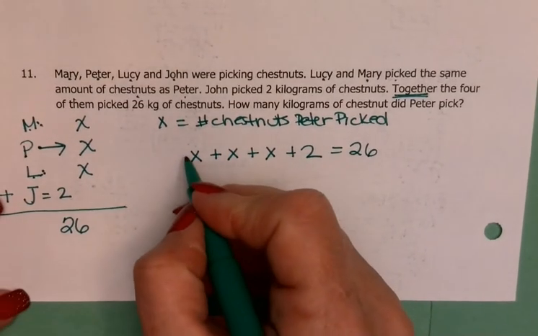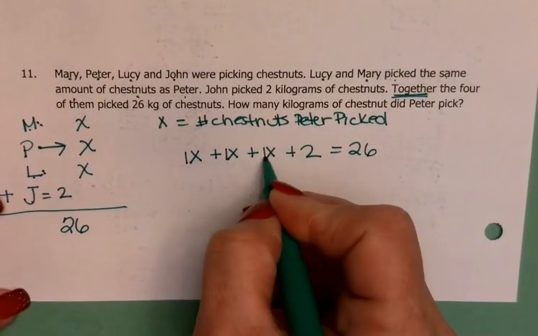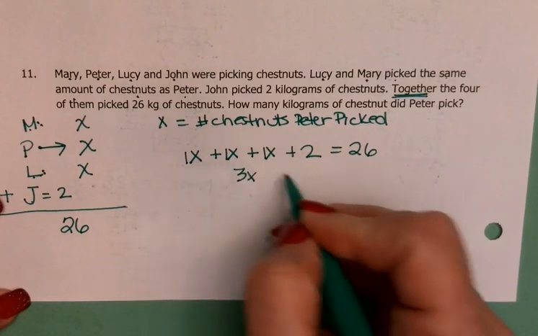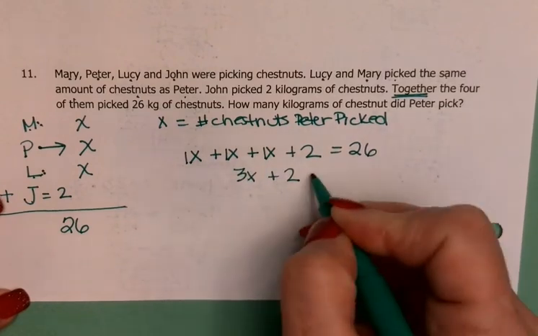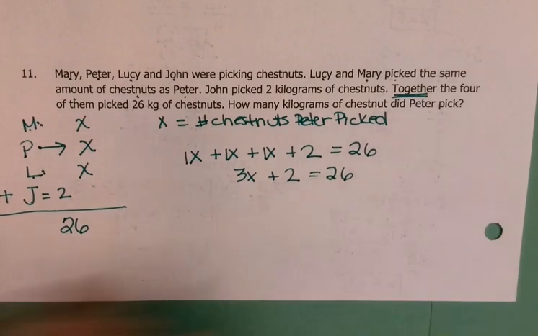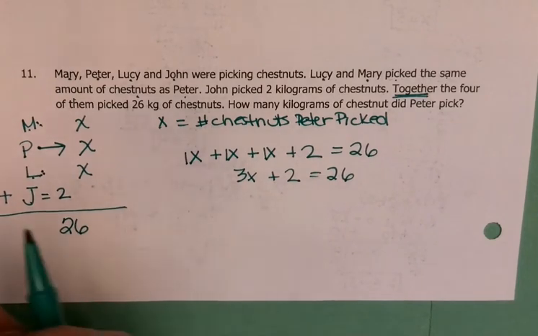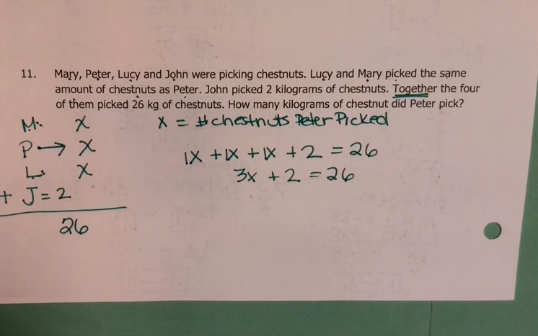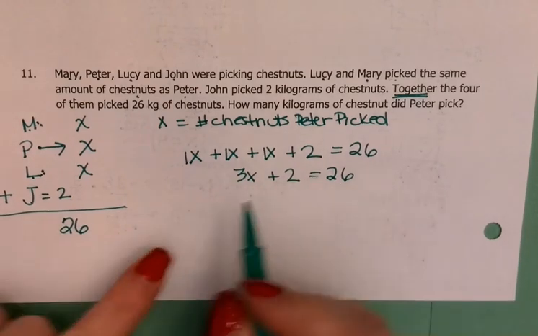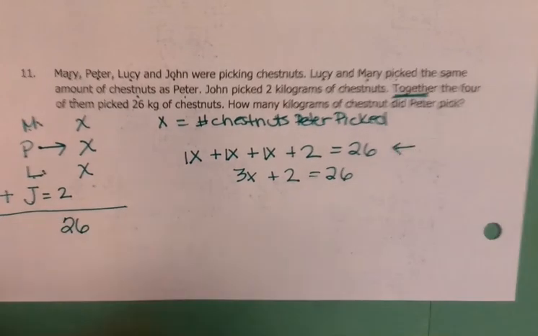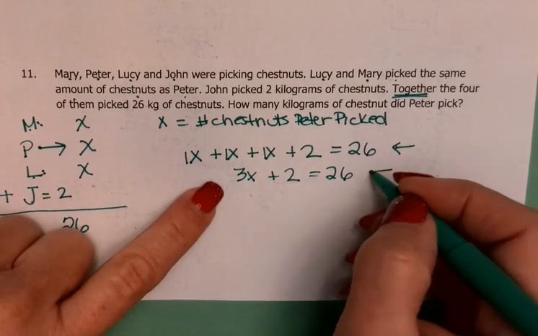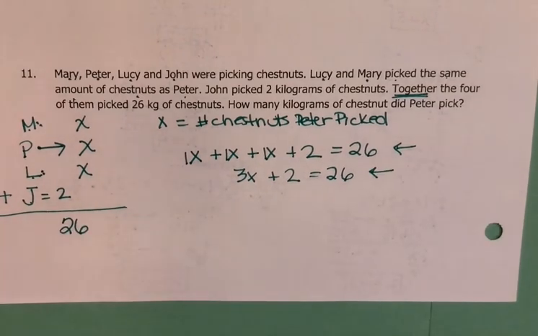Collect your like terms. 1x plus another x makes 3x plus 2 is equal to 26. There's your two-step equation. You don't have to solve it. It just said for 10 and 11 to write the equation to match it, but do not solve it. So here is my equation. Your equation starts off here, and it is simplified down to here, and that's as far as you need to go.